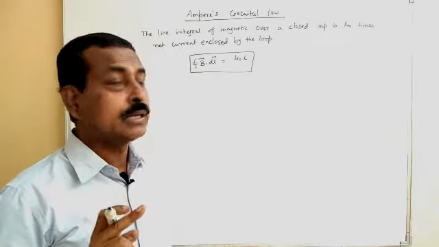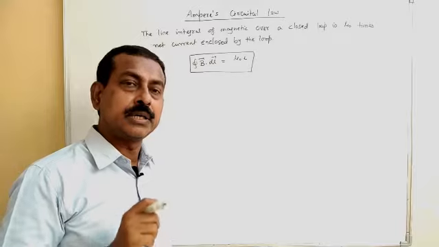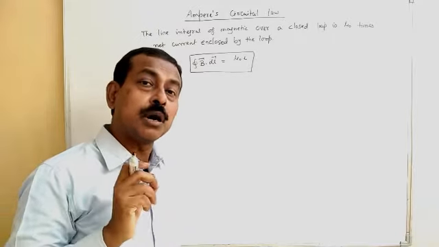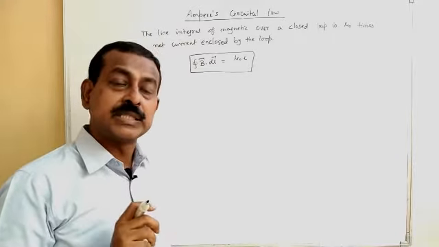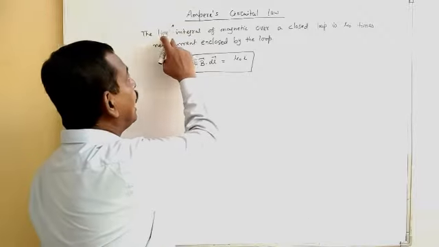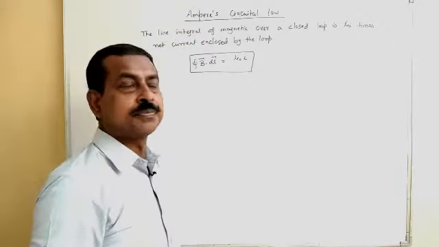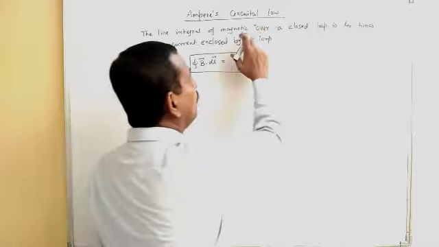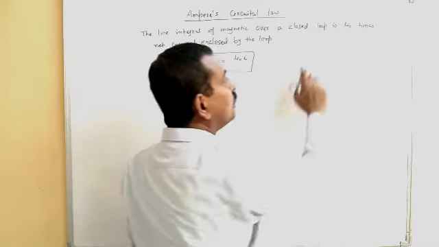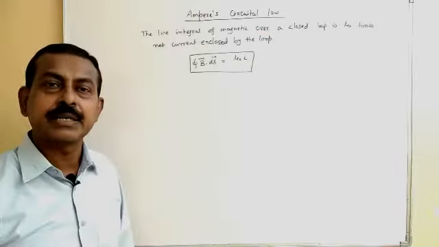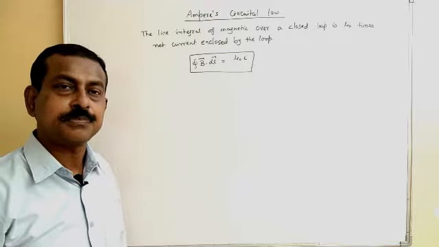Now remember one thing, Ampere Circuital law is being used for a closed loop. Second thing, this is the line integral of magnetic field over closed loop, and that is your mu naught times the net current enclosed by the loop.